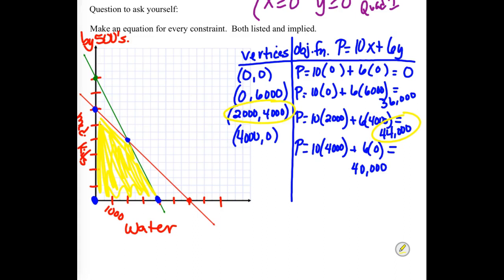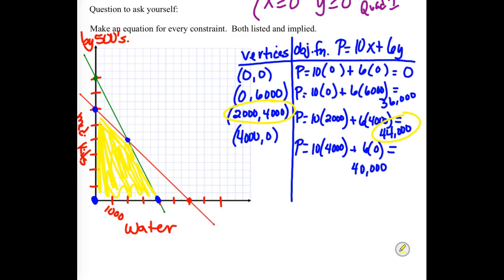Now, yesterday when we didn't have a context to this, when you didn't know what X and Y stood for, we would just say my maximum is 44,000 at the point 2,000, 4,000. Okay? Now that we have a context to it, I want you to actually answer the question.